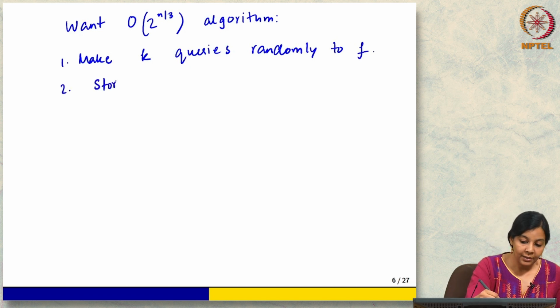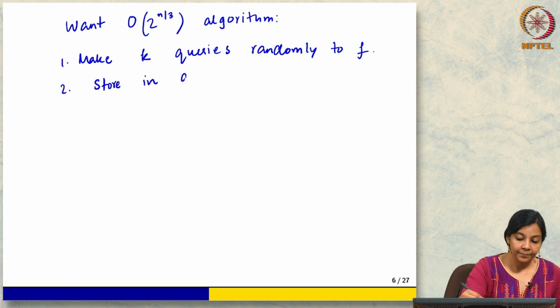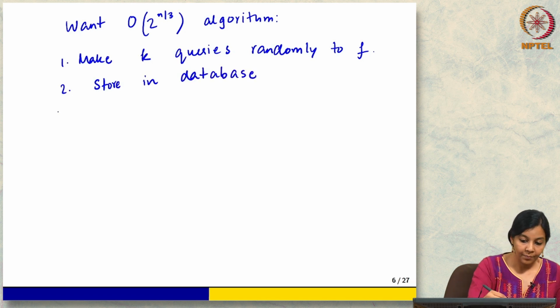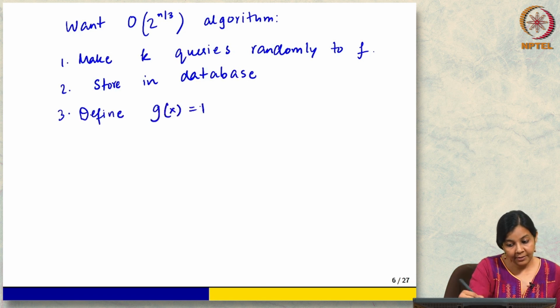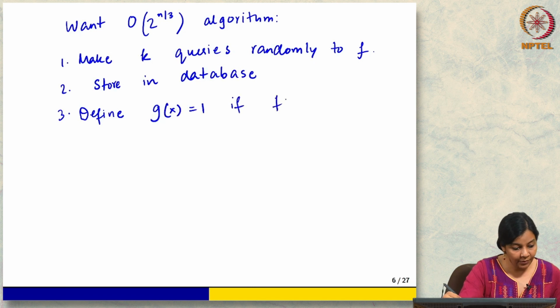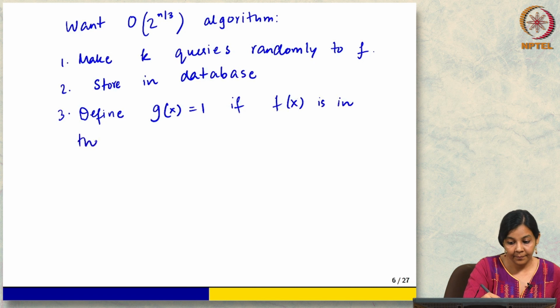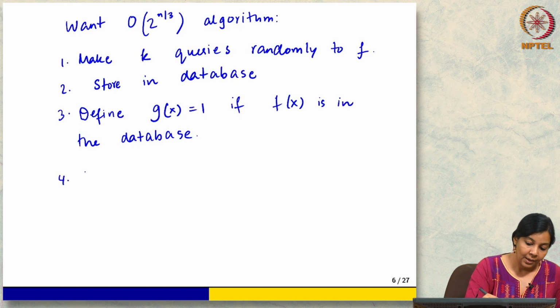Okay, I store these in a database. And then define g of x equal to 1 if f of x is in the database. Okay, and then optimize for k.